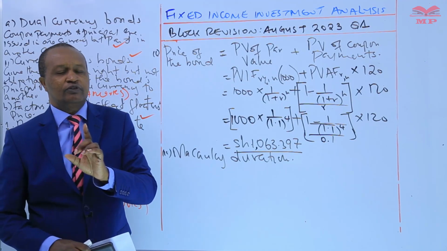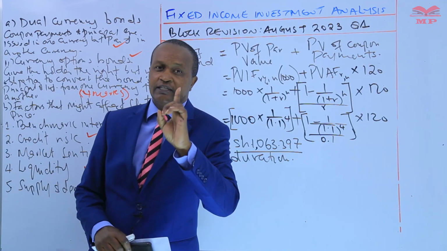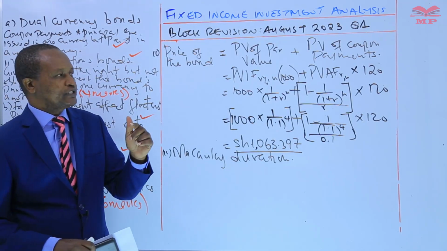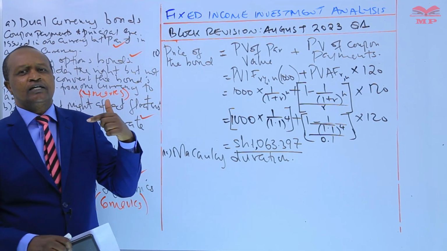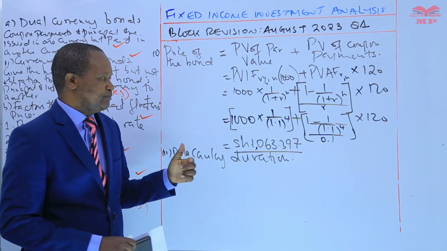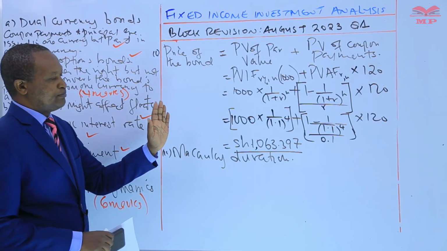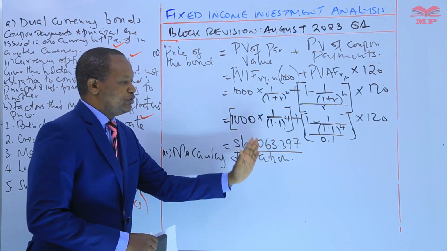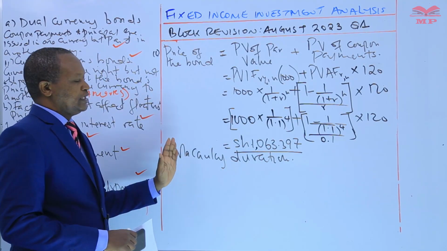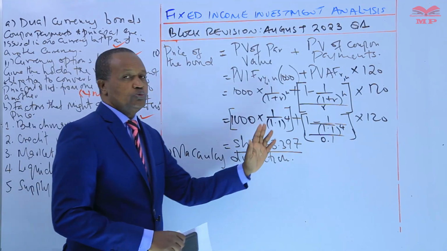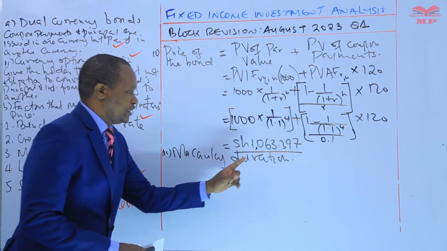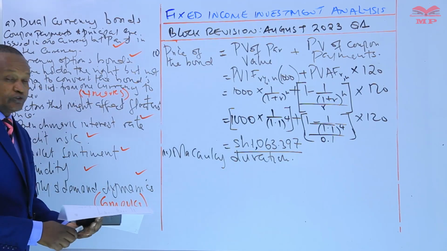And the cash flows include the principal and the coupon payments. And we use a weighted present value, which means you are going to have the present values, then we compute their weights, then we'll multiply the weights with the period to determine the Macaulay duration. So that is the formula.